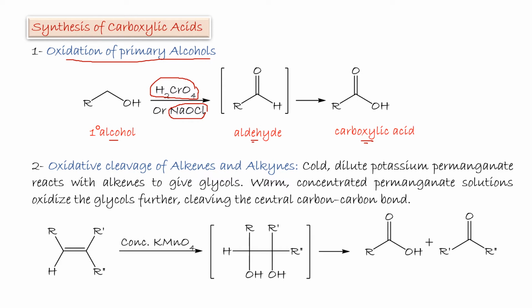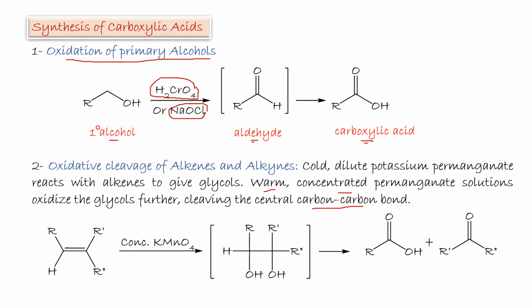Oxidative cleavage of alkene and alkyne. Cold dilute potassium permanganate reacts with alkene to give glycol. On the other hand, warm concentrated potassium permanganate solution oxidizes the glycols further, cleaving the central carbon-carbon bond.